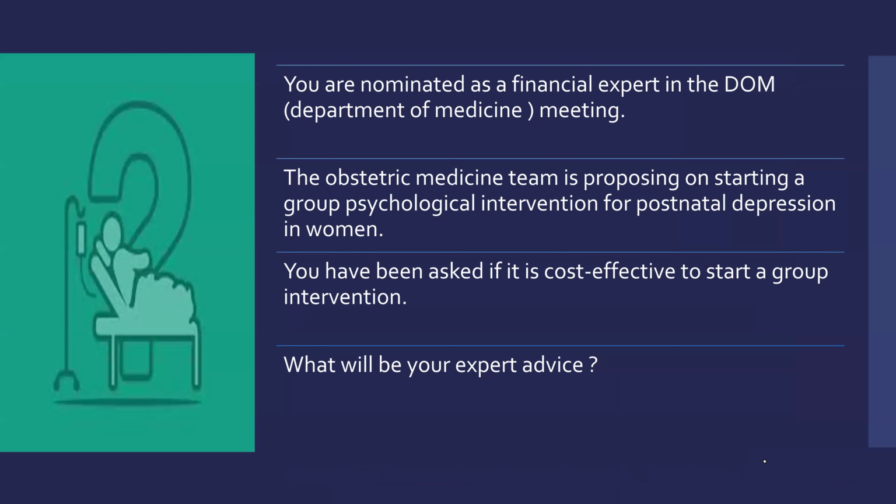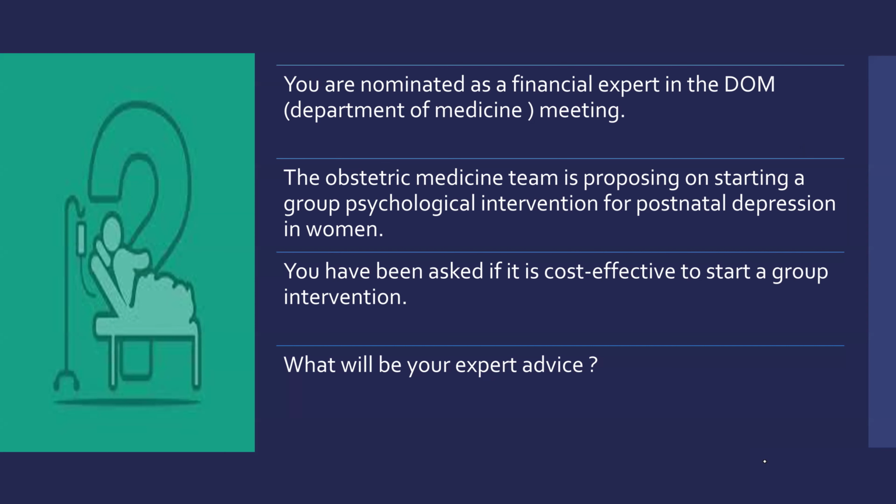Now coming to our case. In a Department of Medicine meeting, suppose you have come as a financial expert. The OpsMed team is proposing to start a group cognitive behavior therapy, one psychological intervention, for all the postnatal women with depression. You have been asked, is it cost effective or not to do this in our setting?